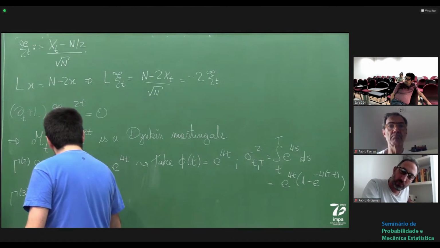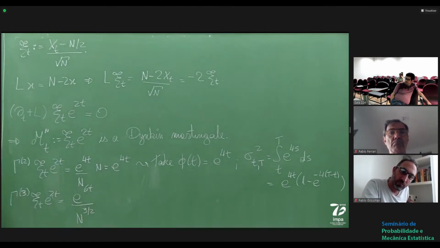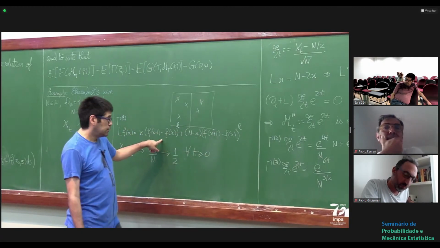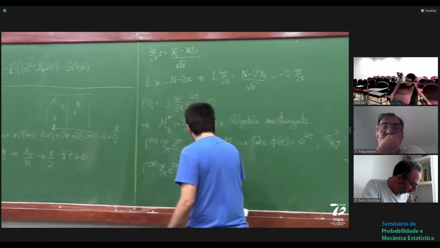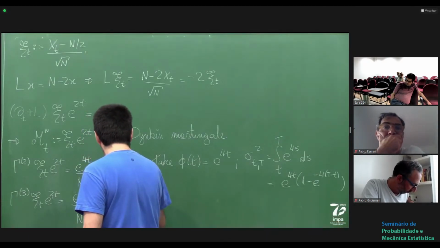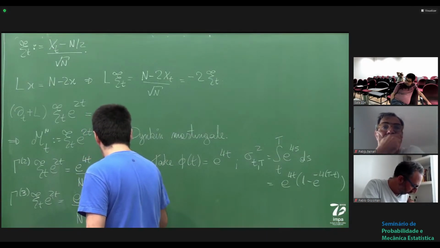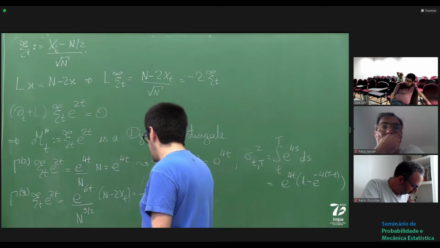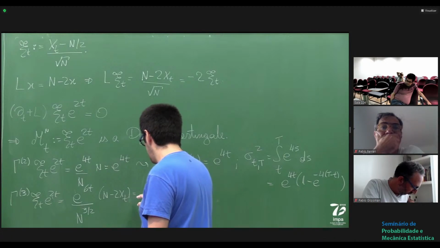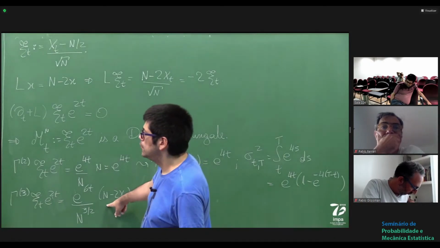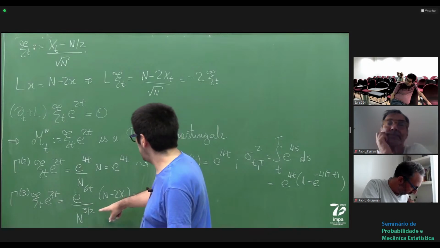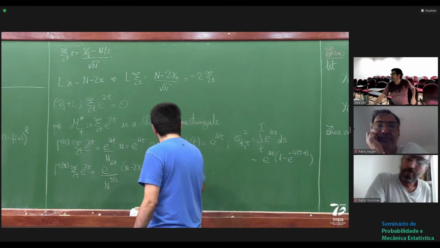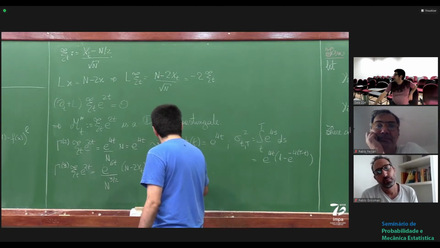I'm going to have n to the 3 over 2. Remember that here there was a plus 1 and a minus 1. So now you get n minus 2 xt, which is minus 2 e to the 6t, and this guy here had to divide the square root of n, so it's divided by n times psi t.